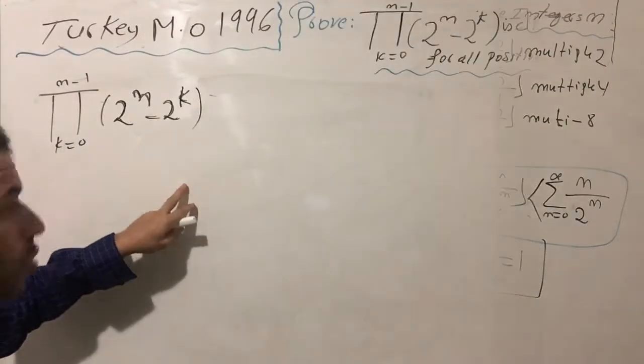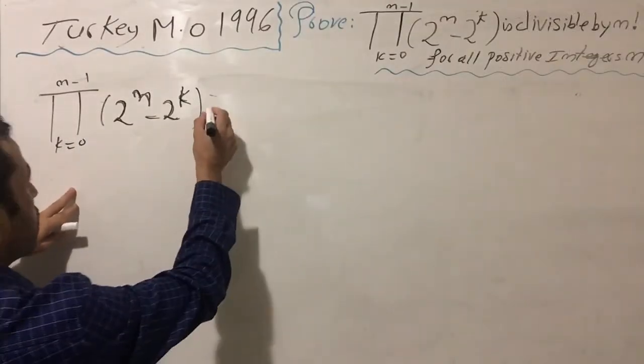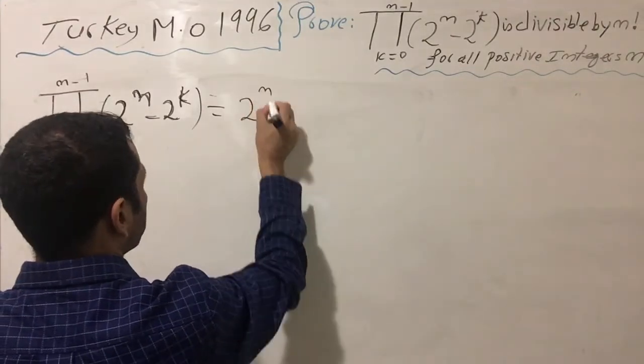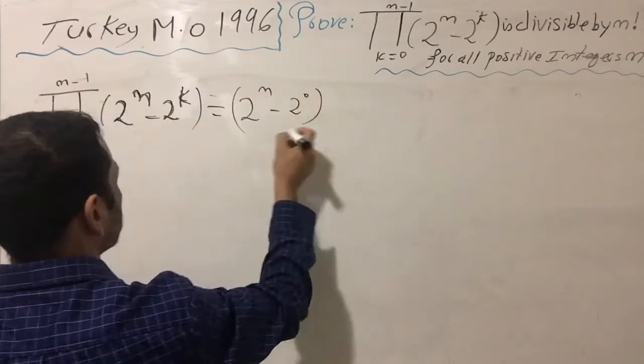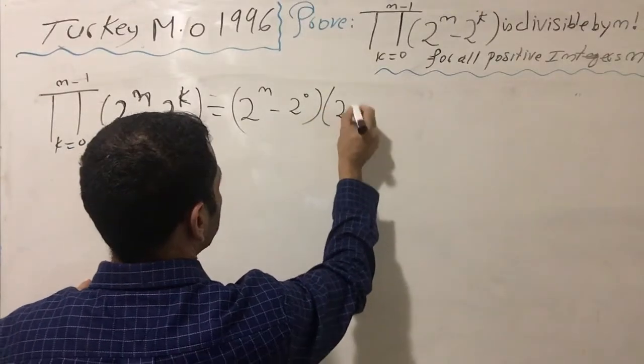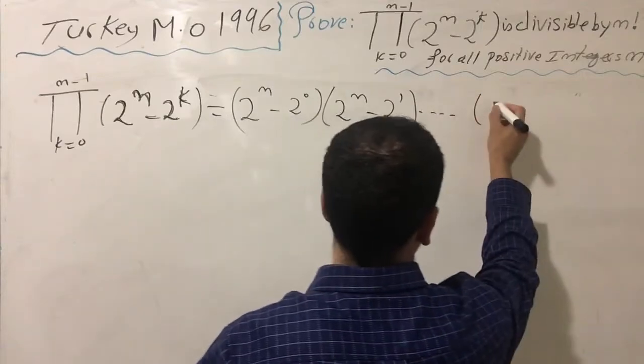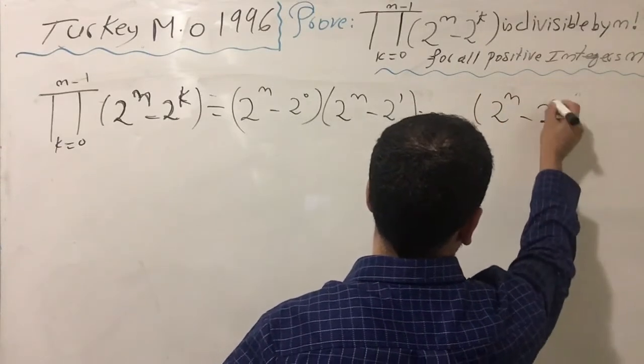Now on the other hand, we have this product. This product is written in this form: 2 to the n minus 2 to the 0 multiplied by 2 to the n minus 2 to the 1, and all the way down until you get the last term, 2 to the n minus 2 to the n minus 1.